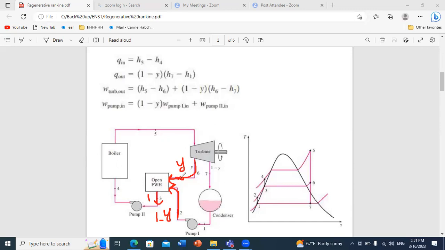This inlet is characterized by point 6, so I go to the thermodynamic table and find h6. I put m dot 6 times h6, and m dot 6, as we said, is Y kilogram per second, plus, this point is point 2, m dot 2 h2.